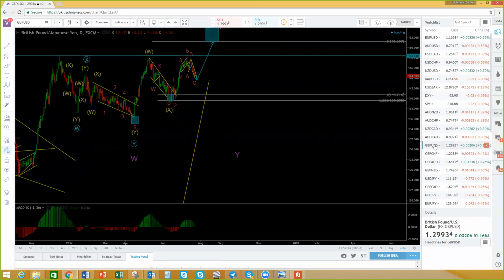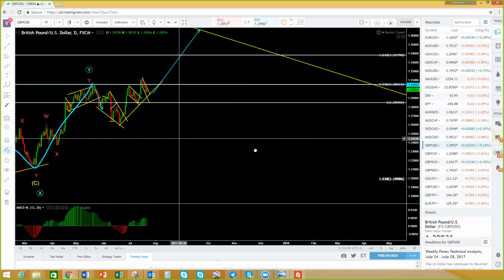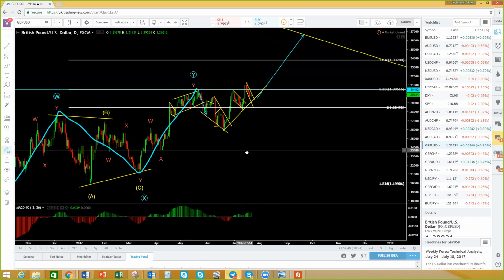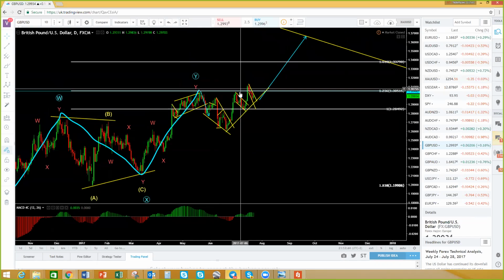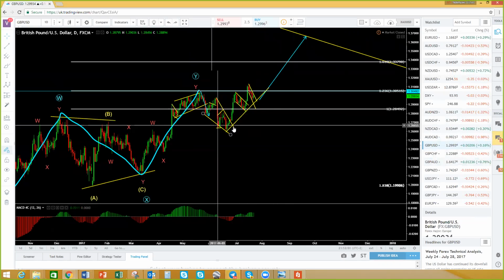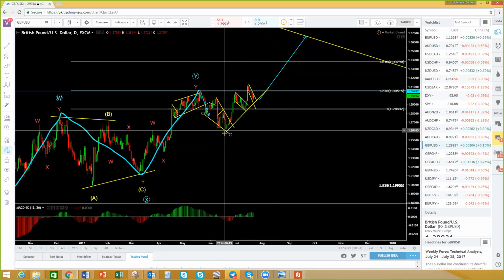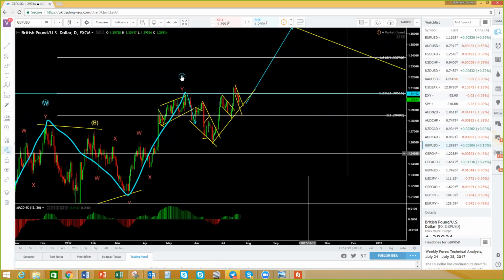GBP JPY has not broken yet. So it could be following the same move, ending diagonal and the same ending diagonal on GBP JPY. So that's why I said GBP JPY, I'm expecting that it should have a move up. So it looks like the pound is in strength in the coming week.